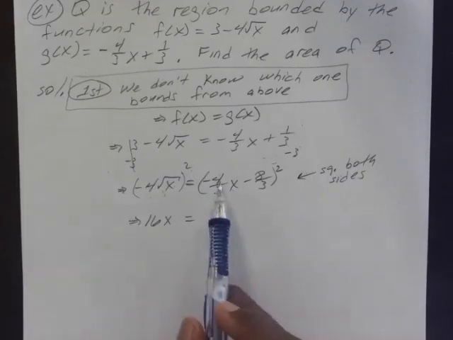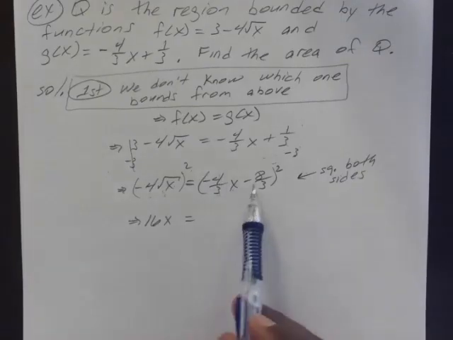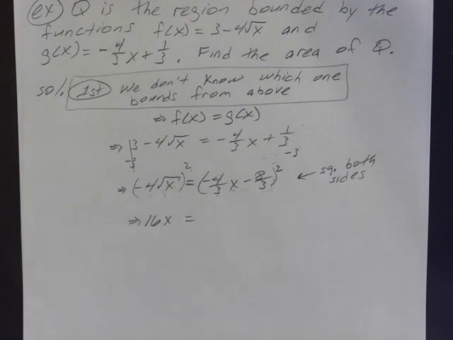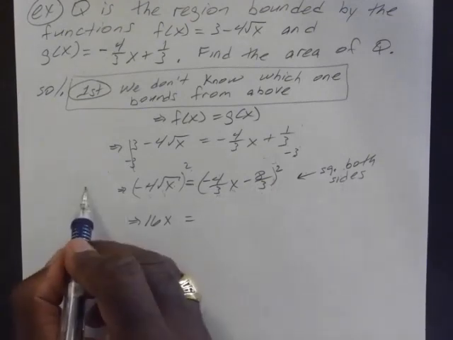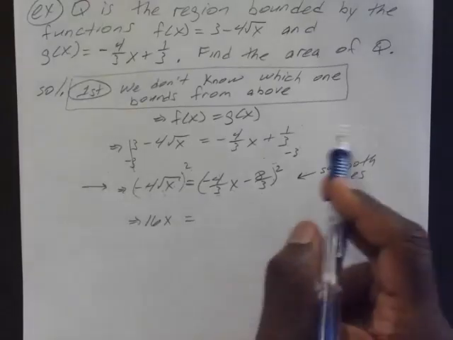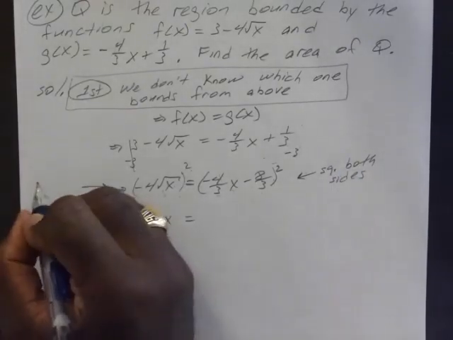And that's equal to the negative 4 over 3x minus 8 over 3 squared. I'll move this over here so I can work that out on the right side.